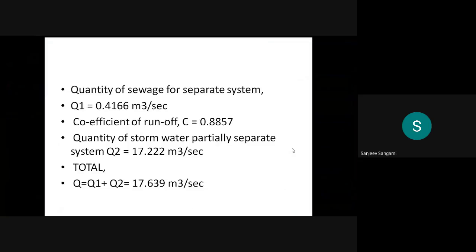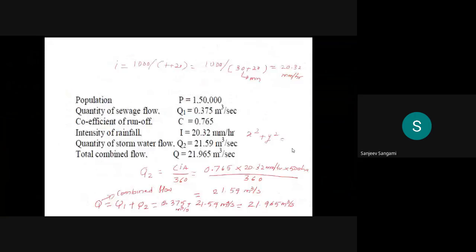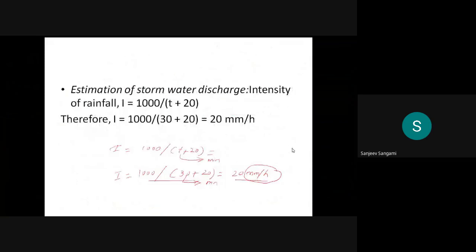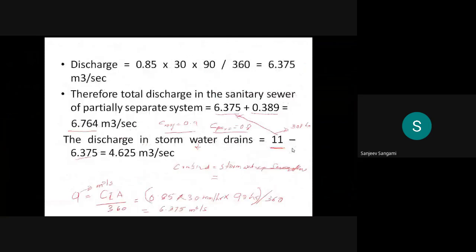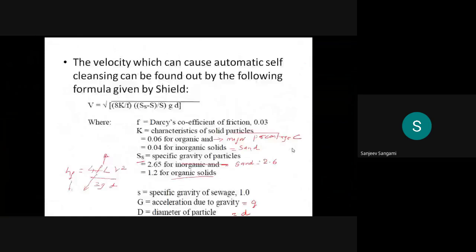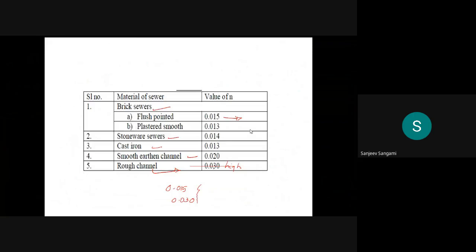In yesterday's class, we were discussing one problem. That problem I gave you as homework, and I have explained how to solve it also. The problem is related to the Shields equation, and how the Shields equation can be used to determine the velocity in the sewer.